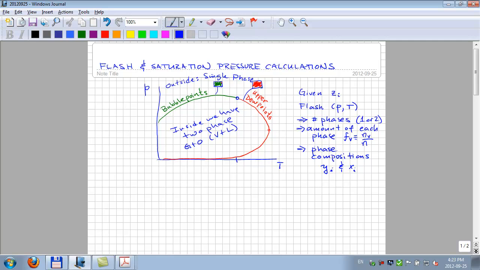Now, in the industry, we generally say that for any system below this special temperature here, connecting the bubble point and the dew point, which we call the critical temperature, we formally, politically, governmentally define that if this composition Zi is at a reservoir temperature less than the critical temperature, then we call it an oil, even if the pressure is way up here.